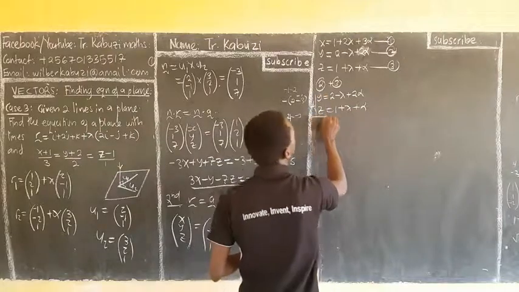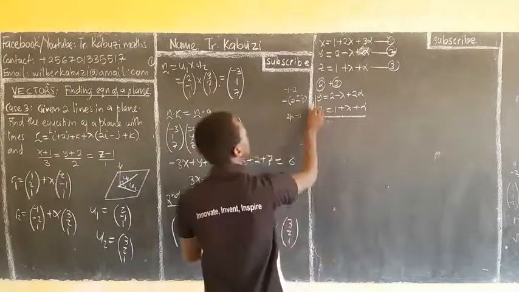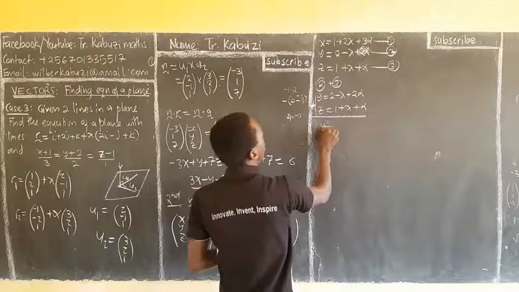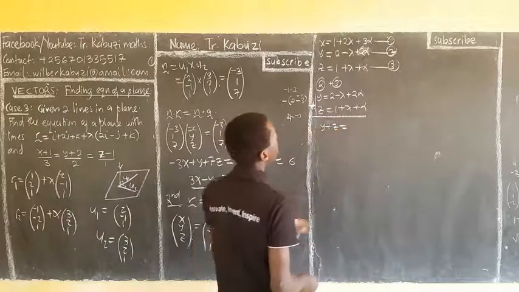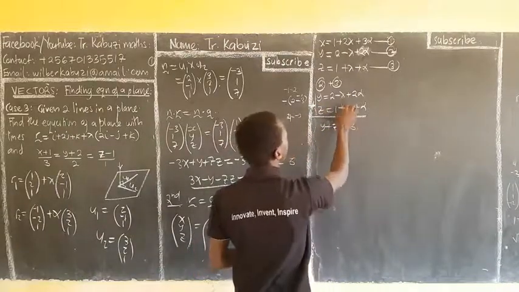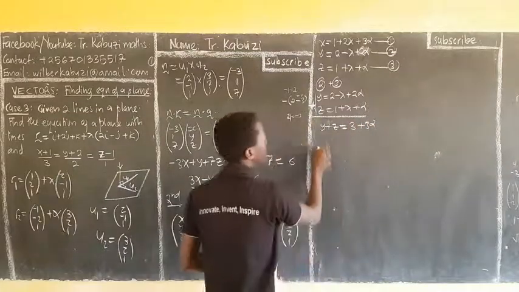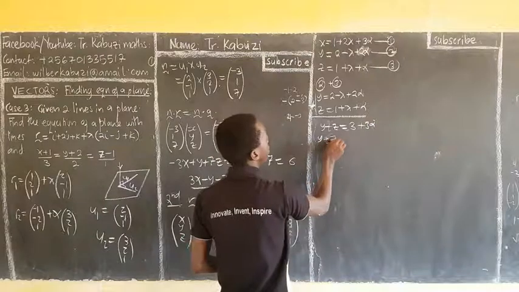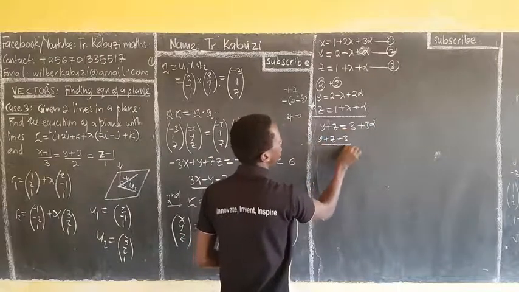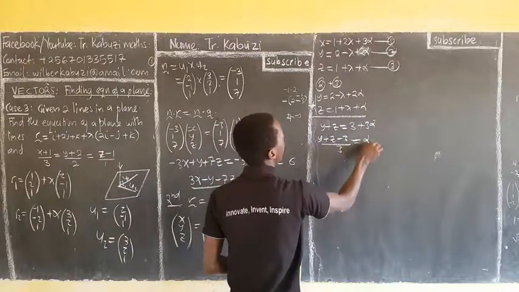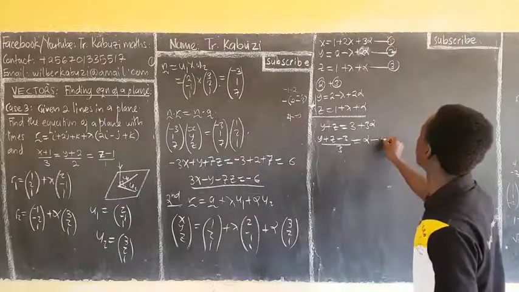I'm adding them. If you add them, you have y plus z equaling 3 plus 3 alpha. This will disappear. Now make alpha the subject. You have y plus z minus 3 over 3 equaling alpha. This will be your equation 4.